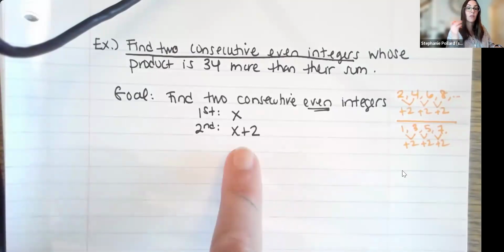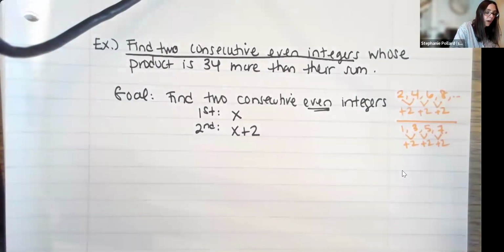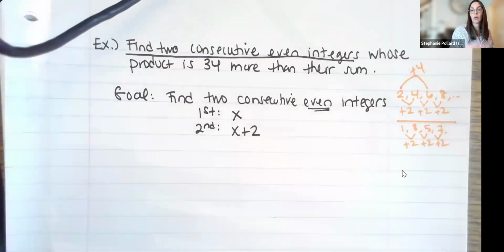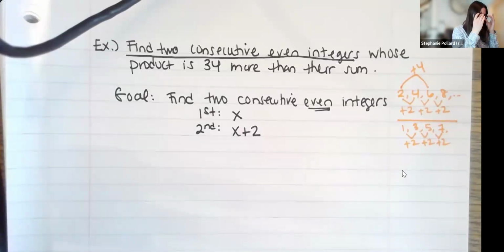I'd actually do plus 4 this time, because if you're going from the first to the third one, skipping one, you have a plus 4 change. So it's all about patterns and how they relate back to the first one. So that's how I set up for two consecutive even integers.